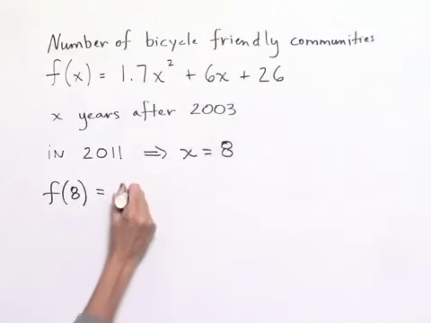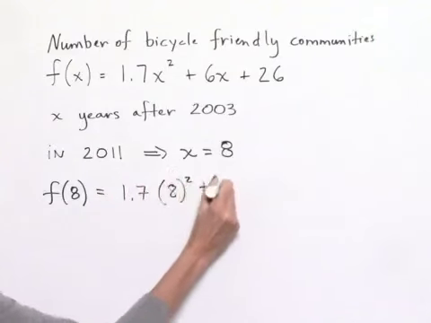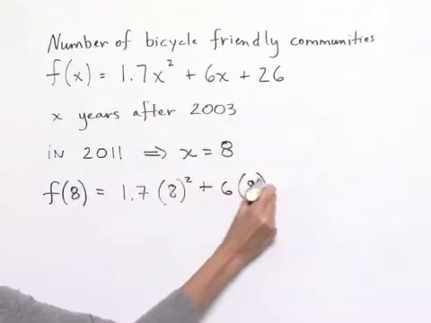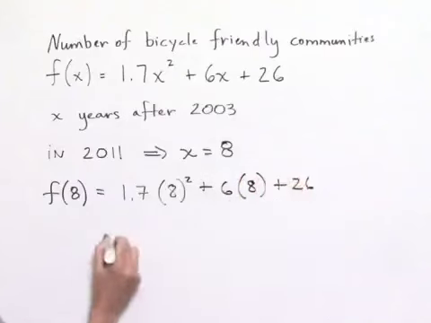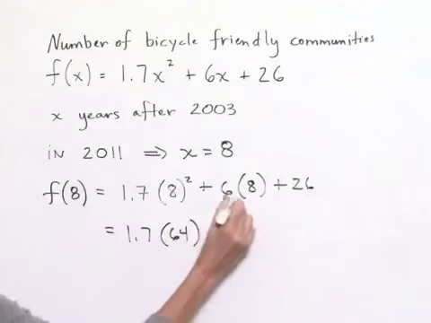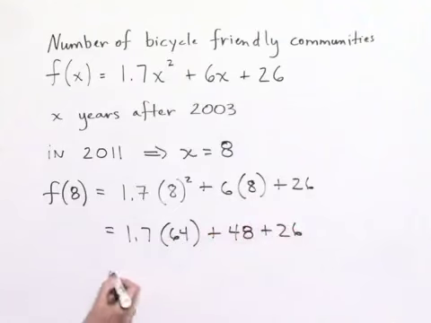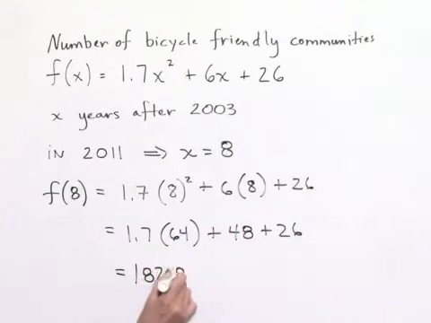So we'll have 1 7/10 multiplied times 8 squared plus 6 multiplied times 8 plus 26. This will give us 1.7 times 64 plus 6 times 8 is 48 plus 26. And evaluating this gives us 182 8/10.